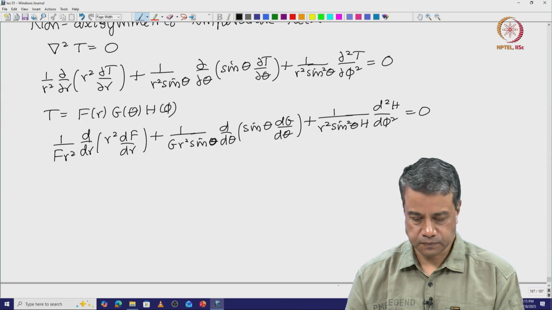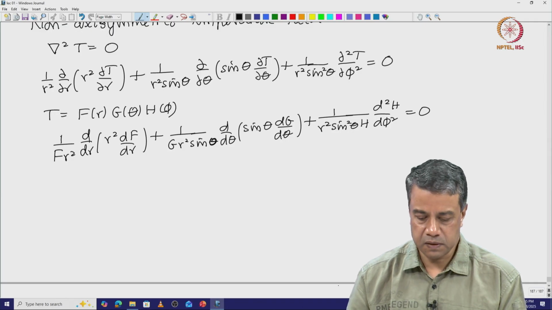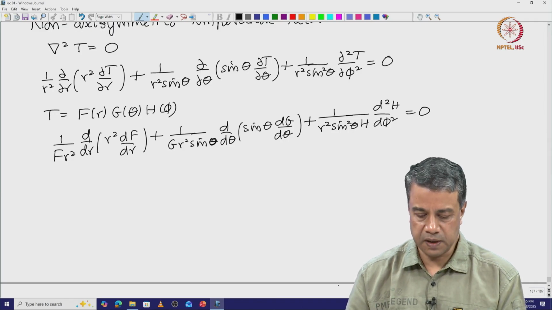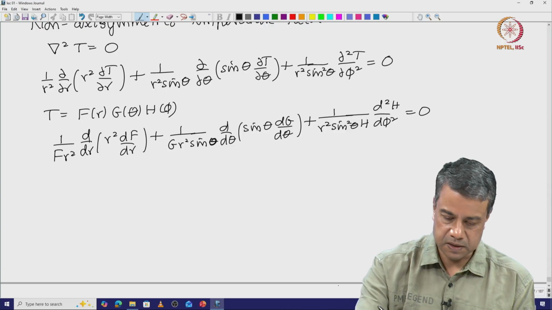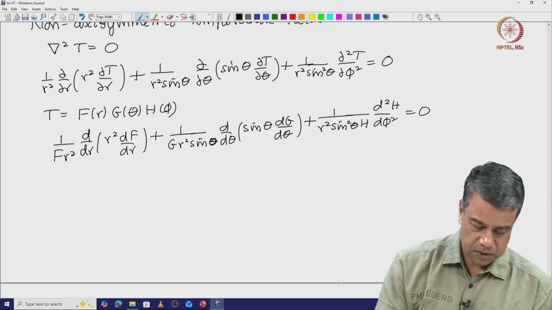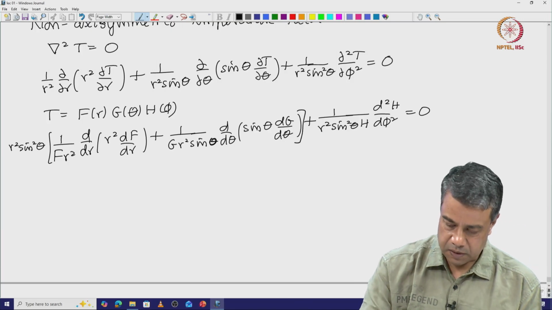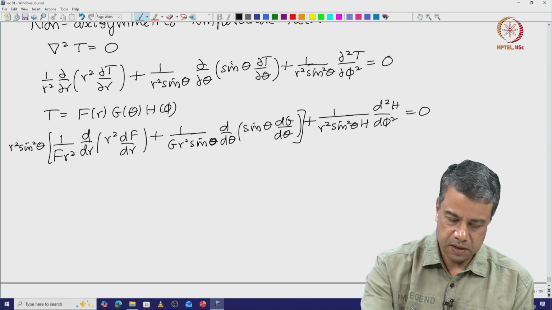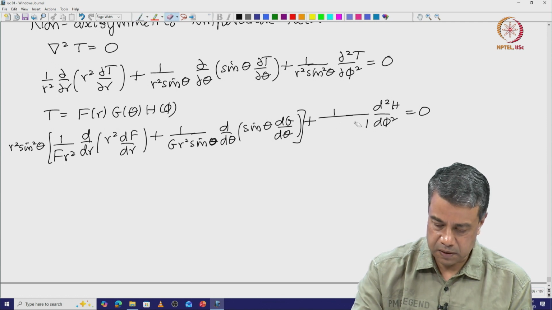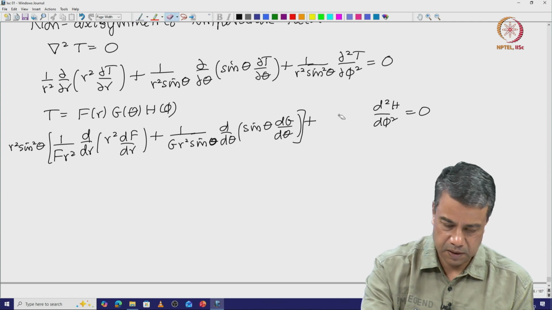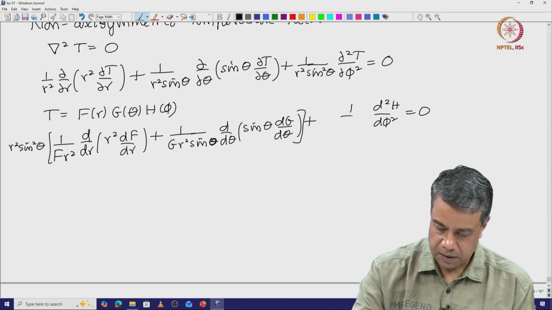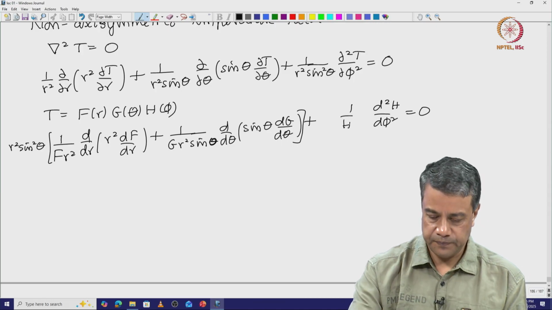I can get into separable variable form by multiplying throughout by r square sine square theta. So, I will multiply r square sine square theta on the first two terms and just cancel out the r square sine square theta on the third term here.